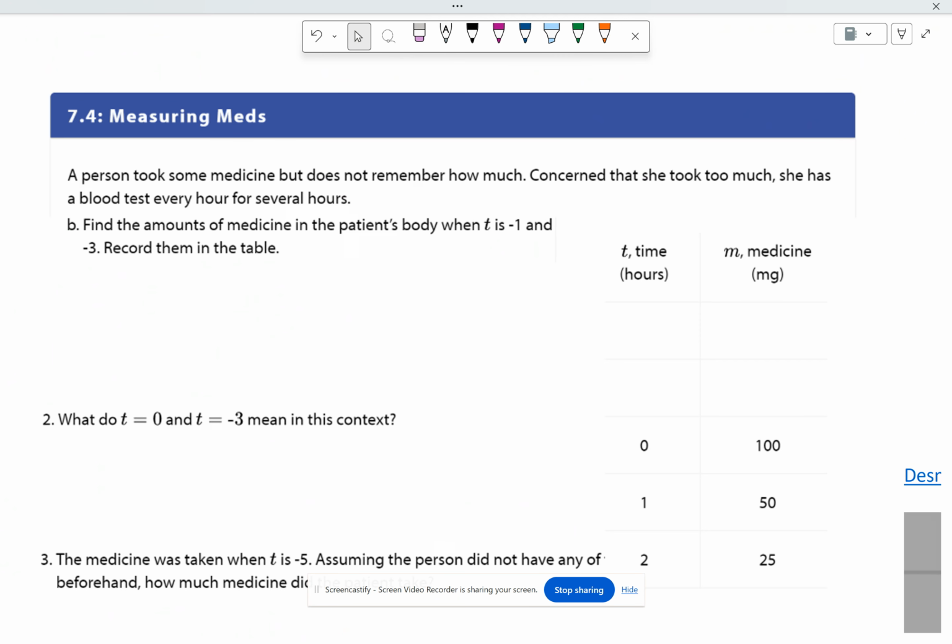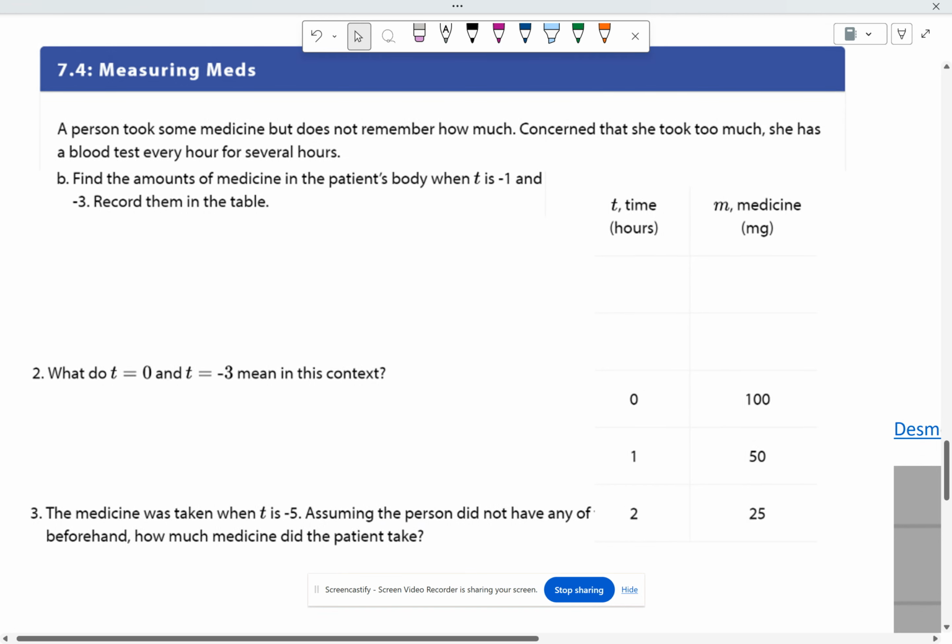Find the amount of medicine in the patient's body when T is -1 and -3. Record them in the table below. Okay, so a person took some amount of medicine, but doesn't know how much they took and is worried about it. So they're testing out how much of this medicine is in their body every hour to be able to find out how much medicine they took initially.